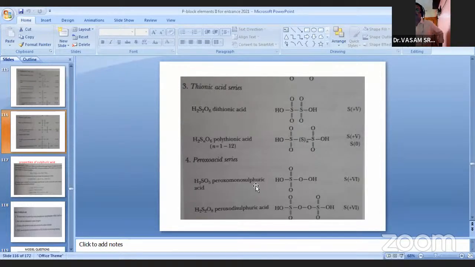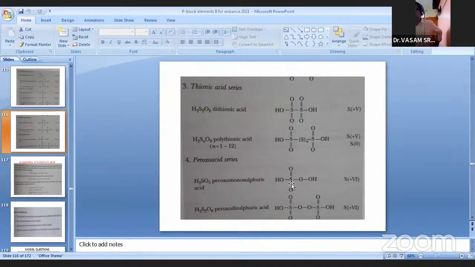The first is named peroxo monosulfuric acid and the second is peroxo disulfuric acid. The peroxo monosulfuric acid we generally call Caro's acid, and the second one is Marshall's acid. The common name of the first is Caro's, and the second is Marshall's.